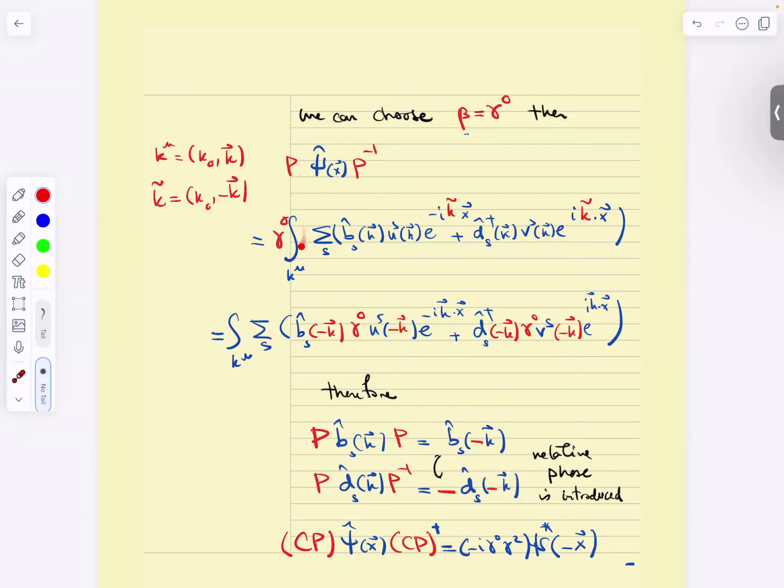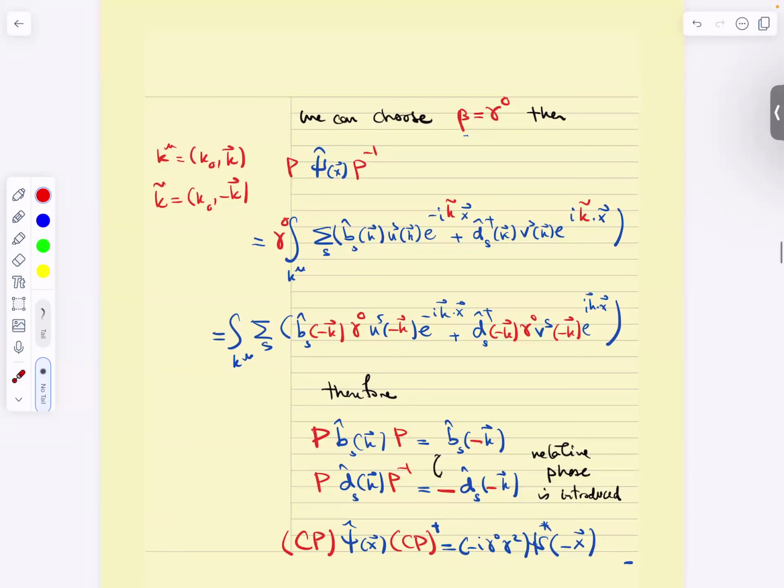Here's your gamma naught. And you just have to take care of these k dependencies. After a change of variable, bringing this gamma naught inside to both terms, you could keep track of everything by flipping the sign of the k dependence here and here.